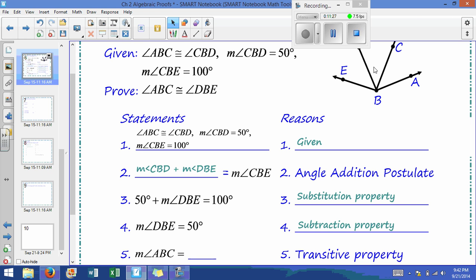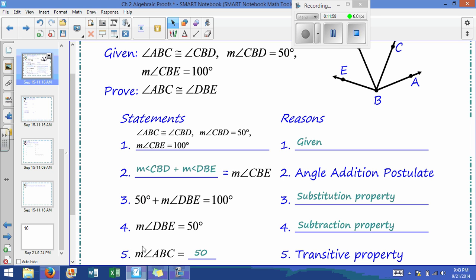This is equal to this. Well, we know this is 50, so of course this is 50. If these are equal, and that's a number, that's also a number. So the measure of angle ABC is 50 degrees. That's the transitive property because I use this statement up here and this one as well. This is my front is equal to the middle is equal to the end. So I basically cross these middle guys out and I know the front of the train is equal to the back of the train.